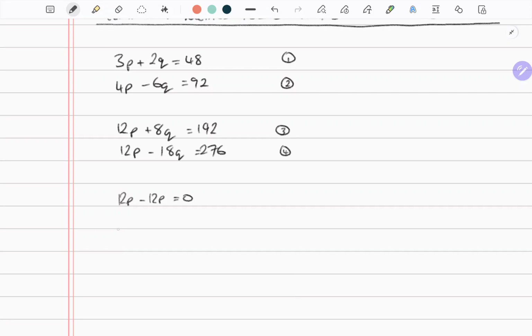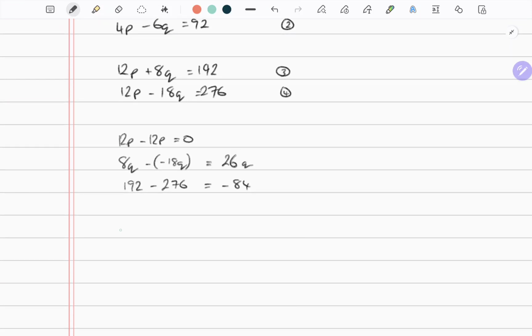What else do we have here? So we've got the plus 8q minus the minus 18q, and that gives us essentially 8q plus 18q, which is plus 26q. And then we have the 192 minus the 276, which is equal to minus 84.